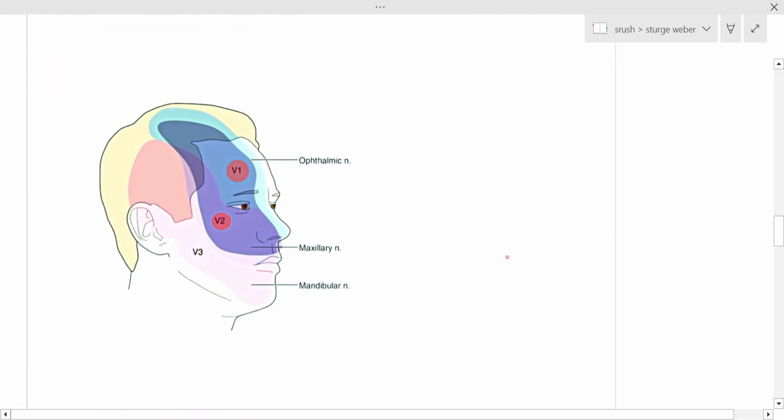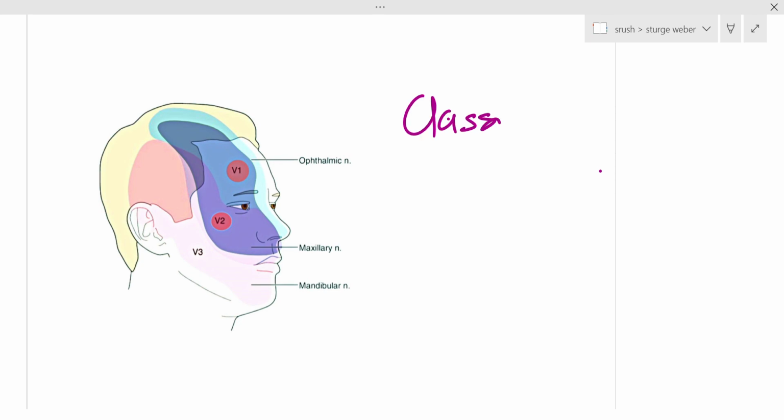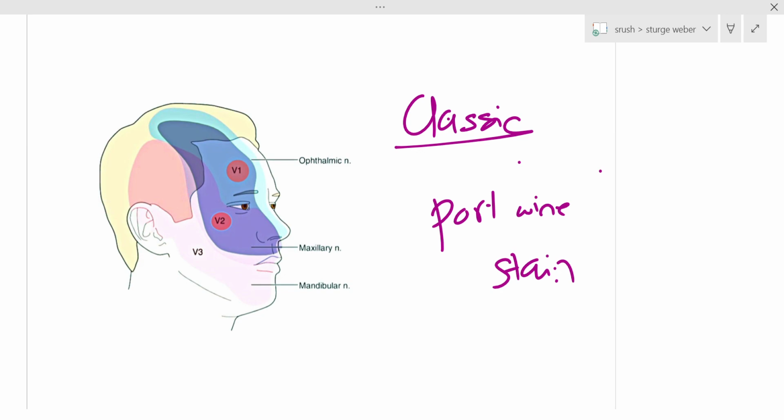Now, one thing to very much remember about Sturge-Weber, the very classic finding, is going to be a port wine stain of the face. So you remember how I told you that it happens intrauterine because of the GNAQ gene getting activated, right?